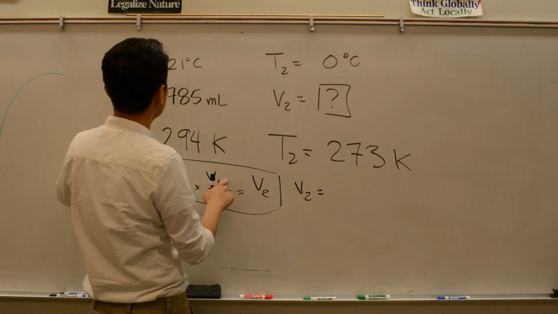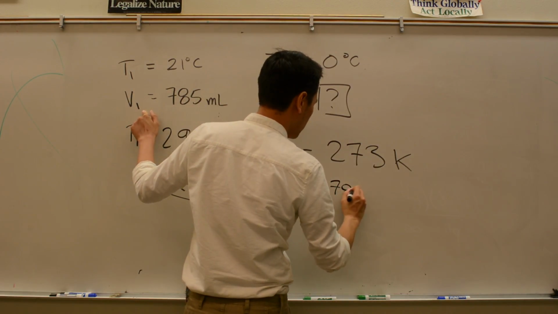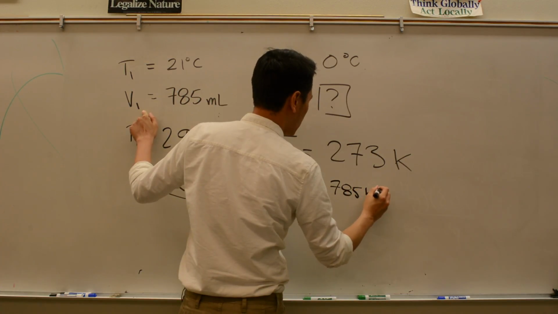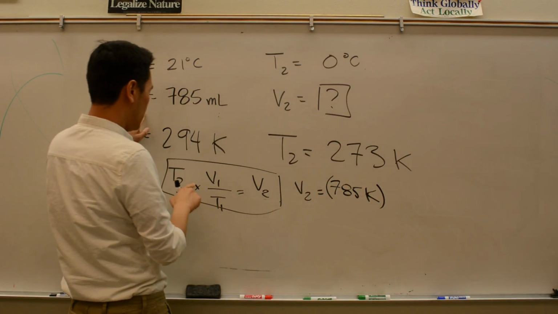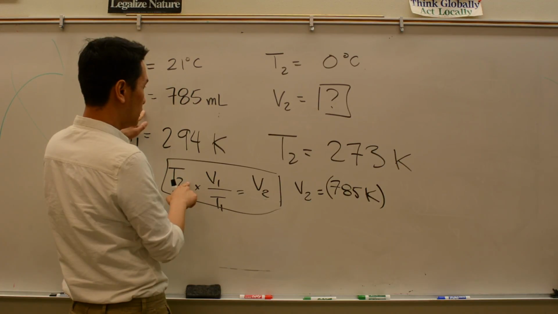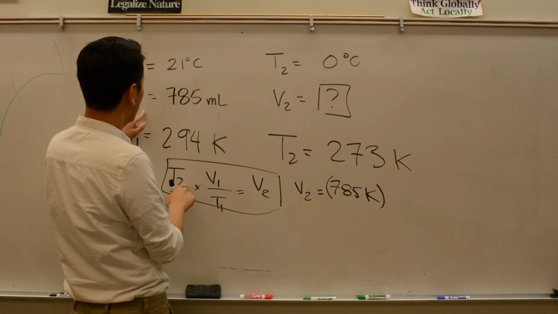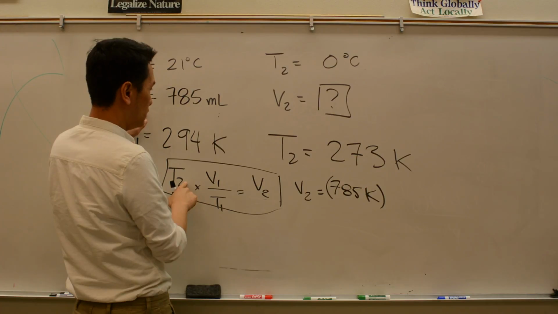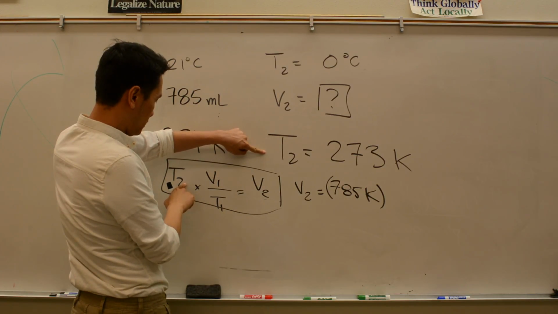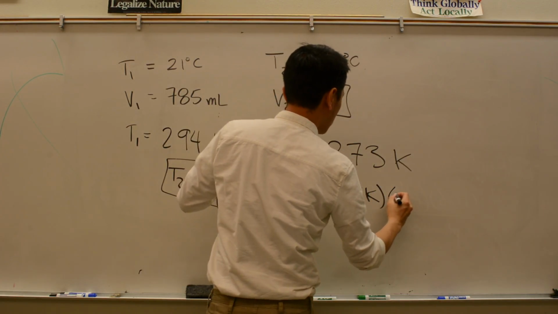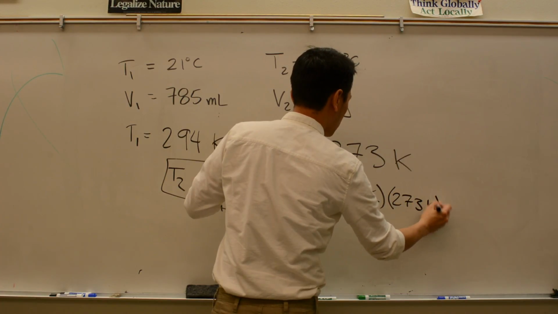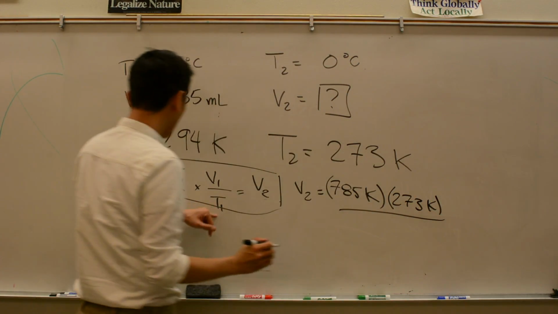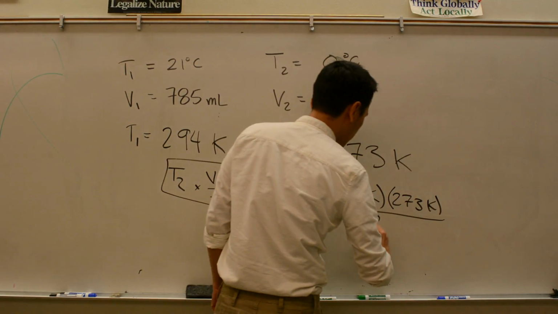Volume 1 is 785. Temperature 2 is 273, and temperature 1 is 294.